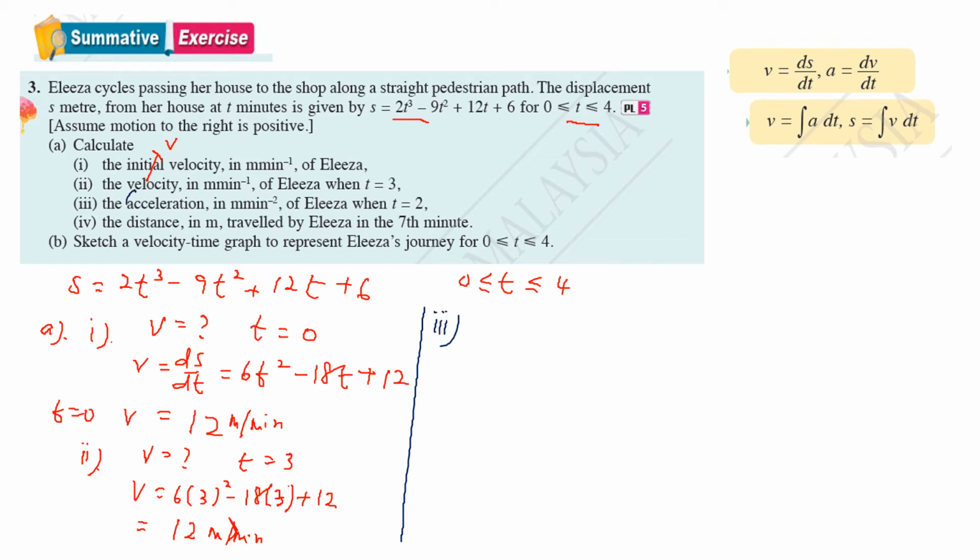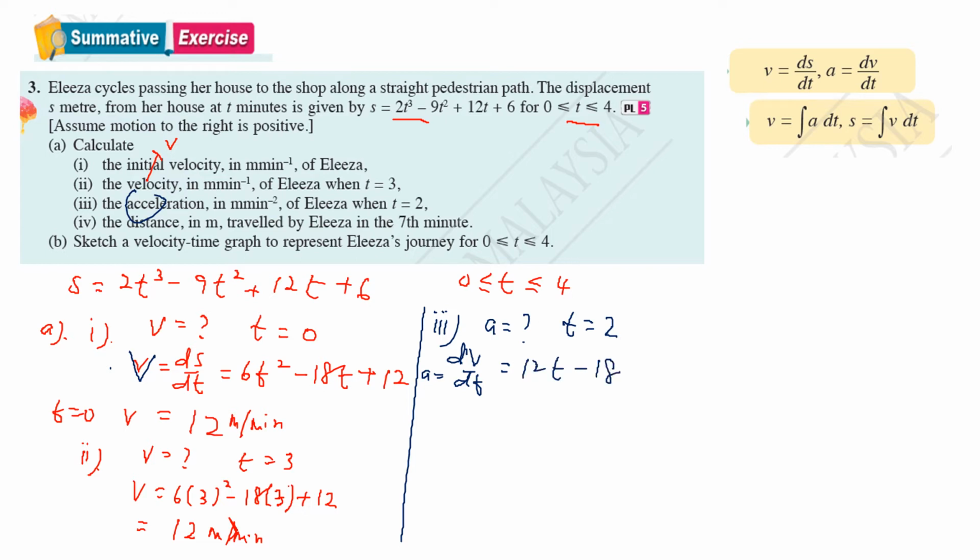Now I continue with the acceleration. Acceleration means a, in meters per minute squared, when t is 2. So what is a? From v, a will be dv/dt. We have this function v, so differentiating, we straight away get a equals 12t minus 18.